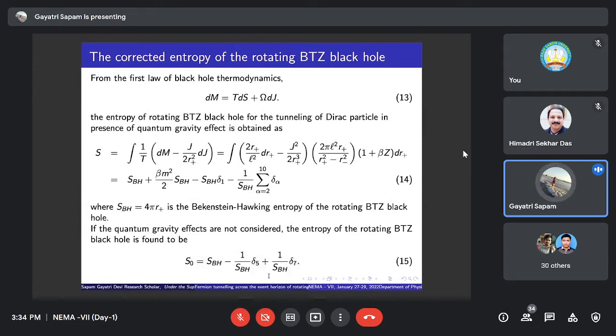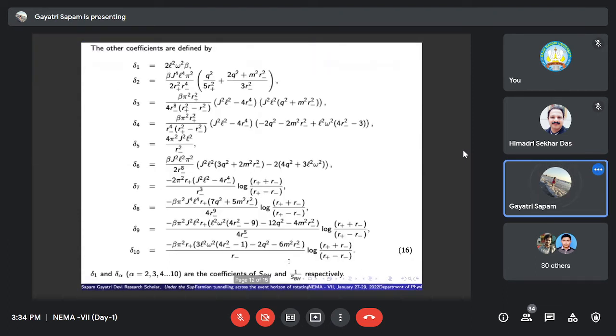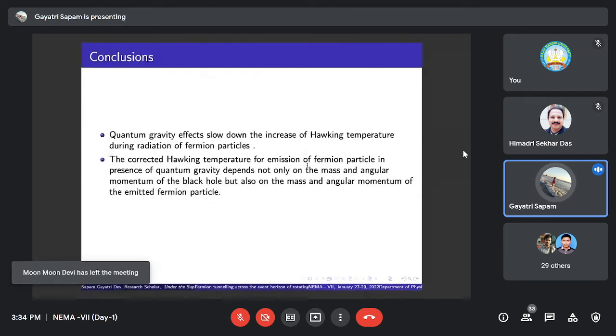The aim of my talk is that when we put beta to be 0, we get the original Hawking temperature, and we can conclude that when the quantum gravity effect is put into account, the Hawking temperature gets corrected, and for fermion particles, it depends. Not only for fermion particles, we can consider other particles also, but my talk is only for fermion particles.